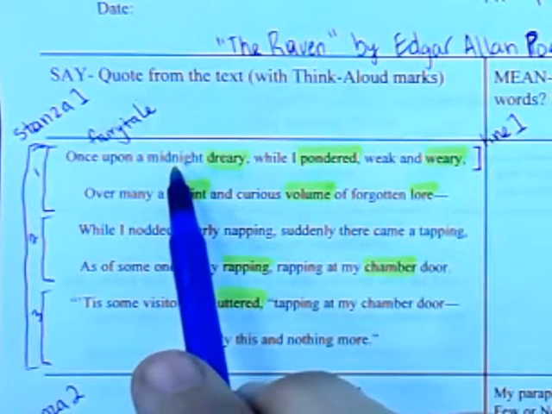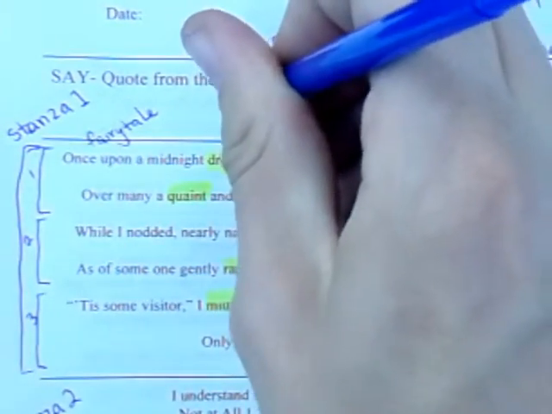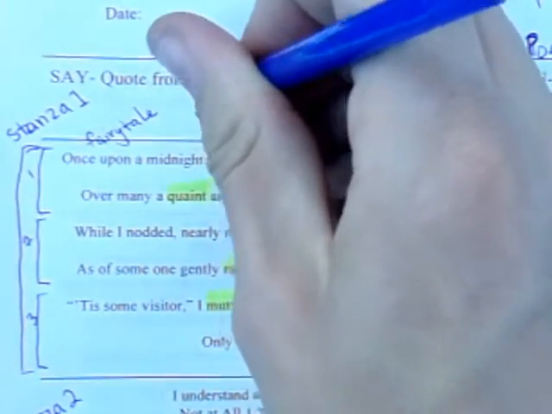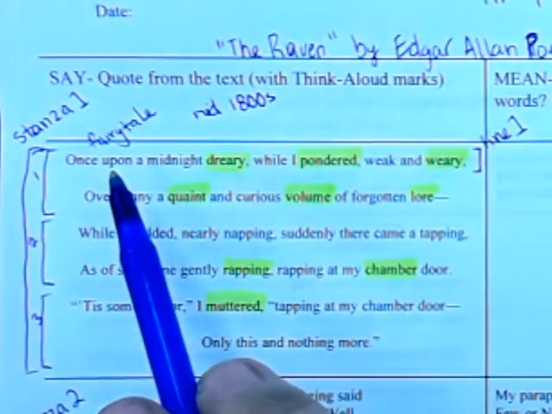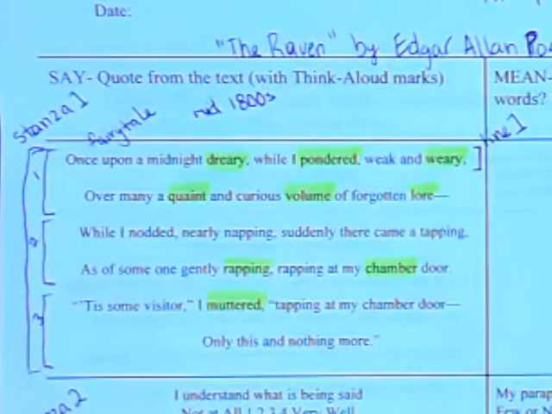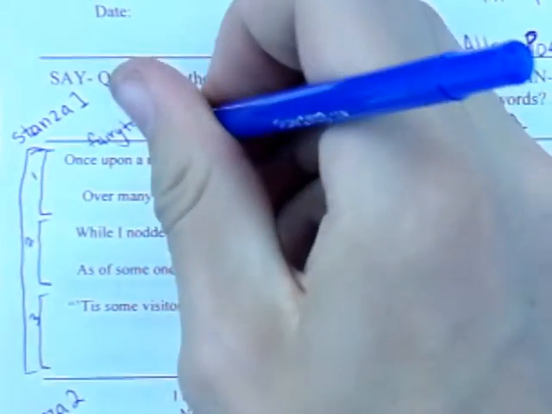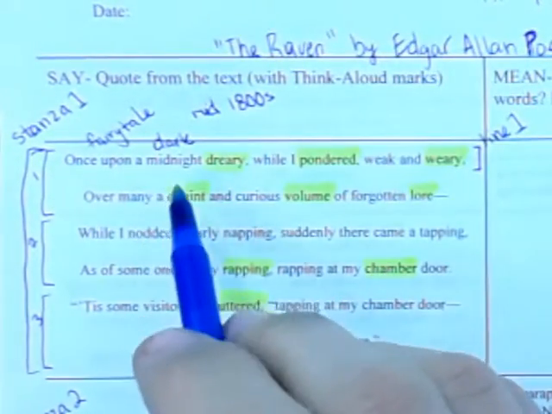Midnight is probably not the best time for someone during the 1800s, because this poem was written in the mid 1800s. When I think of midnight, I think of dark. So that's a word that goes along with midnight.